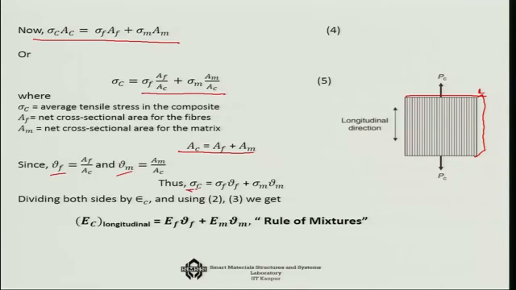Hence sigma c is sigma f Vf plus sigma m Vm. Interestingly, this also follows the rule of mixture, but for a different reason, because of the load share. Similarly, if you put this in terms of the strain, you will see that Ec longitudinal also follows the rule of mixture as Ef Vf plus Em Vm. So that is in the longitudinal direction.